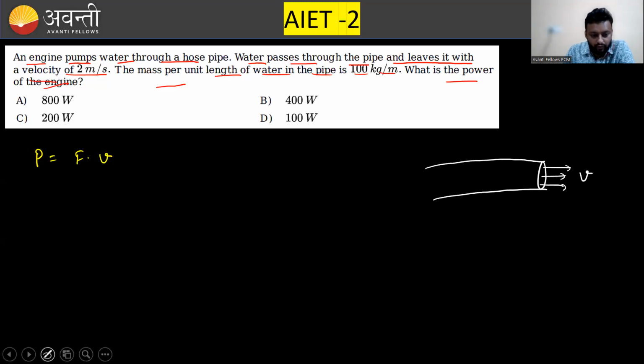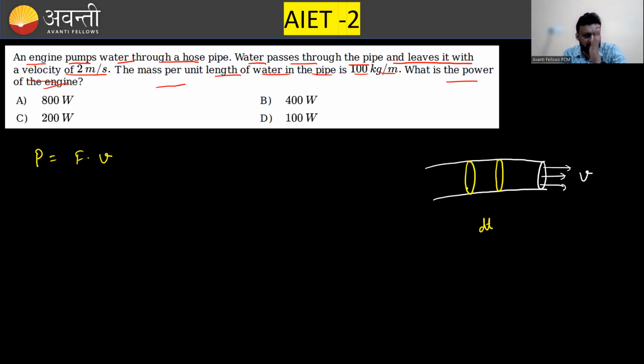So I'm assuming a few things here. Can you imagine that water is flowing through the pipe, something like that. Let's suppose some cross section of the water at some time is at this position. Now in a very small time dt, this portion of water will be here.